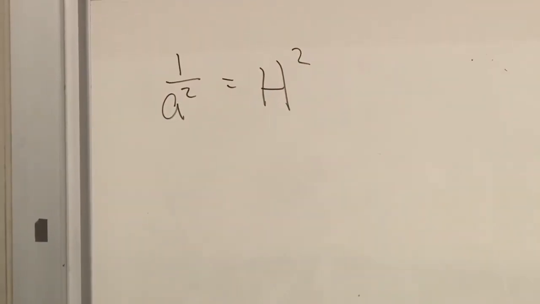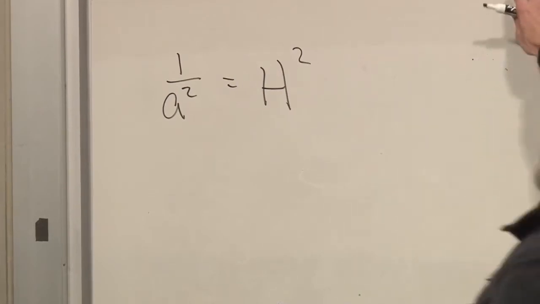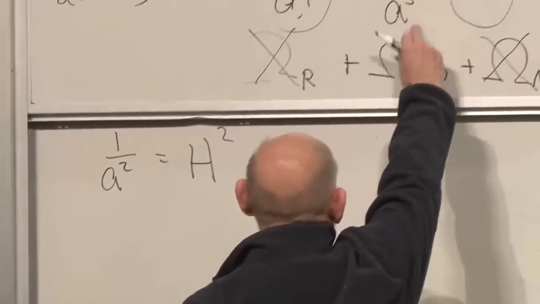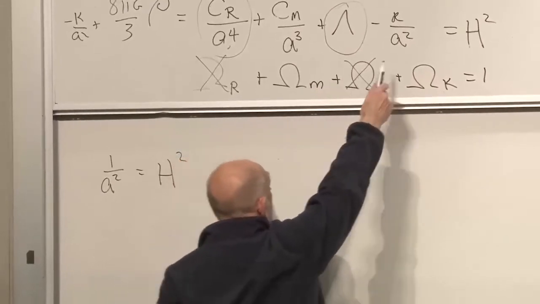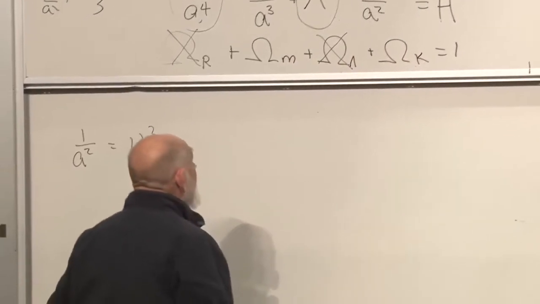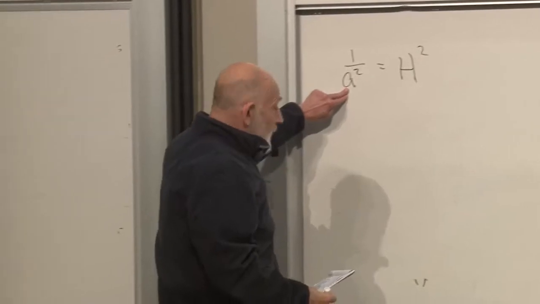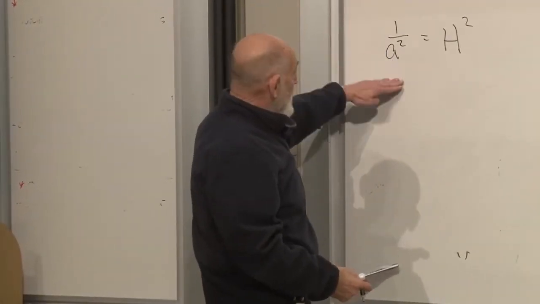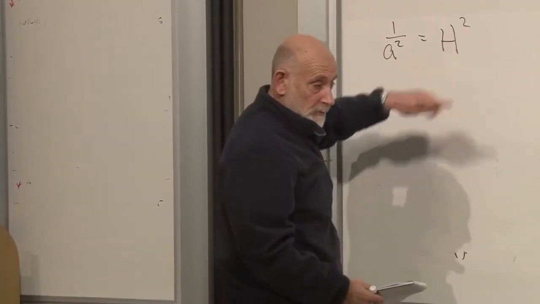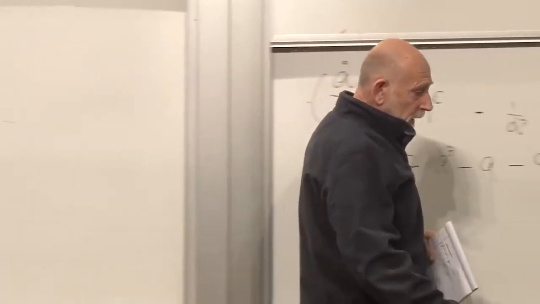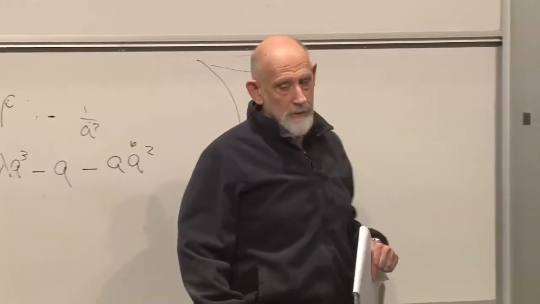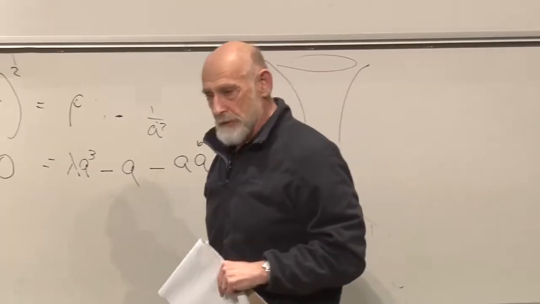Now, why? Because this just appeared to be too small. Too small to make up H squared. The only thing around that was big enough was this. And that in turn told us, or we thought it told us, how big A is in terms of H. Now, H has another meaning, at least within the context of a matter-dominated universe.